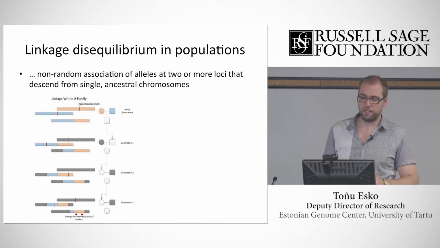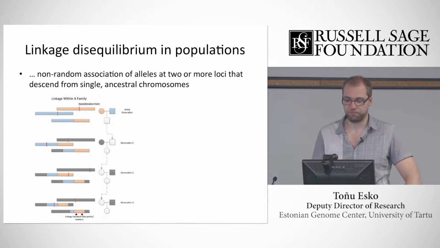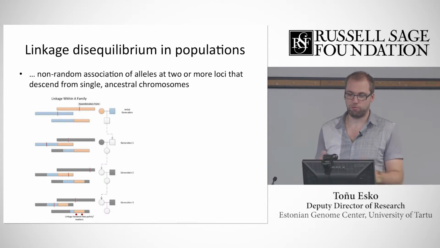What was initially a large block is only small pieces after 1,000 generations. And that's why some of the haploblocks can be wide.